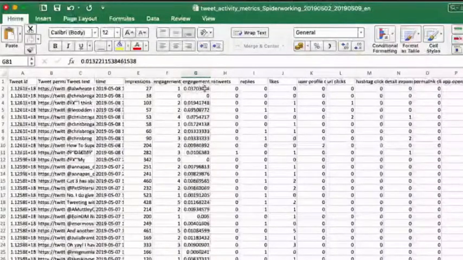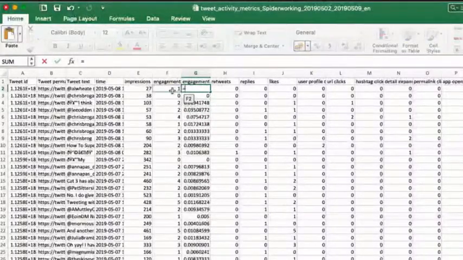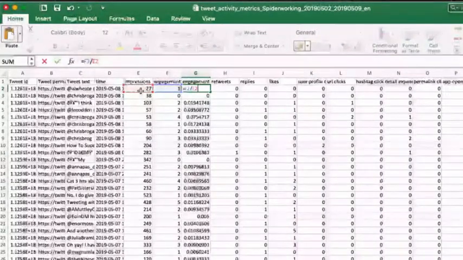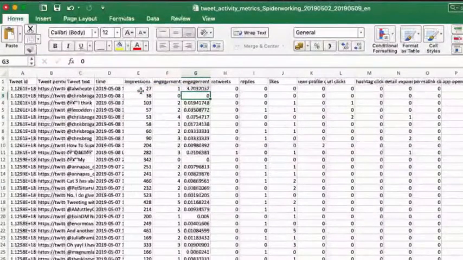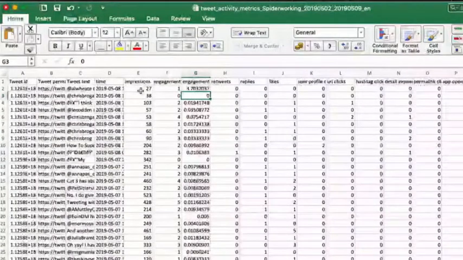Let's try applying our formula into this column and see what it changes to. So it's equals engagements divided by impressions multiplied by 100. So in fact, by that equation, the engagement rate was in fact 3.70 on that tweet.